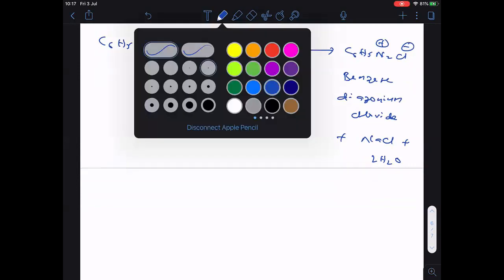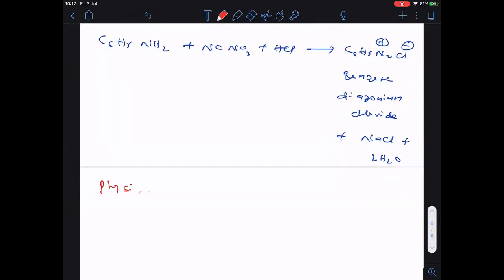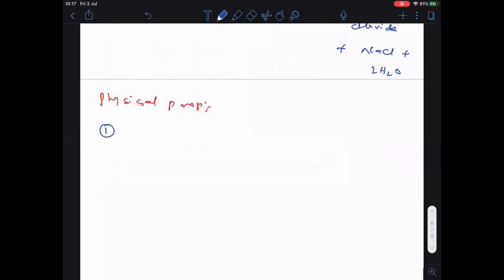Now, preparation method completed. Next is the physical properties. Very few properties are there.